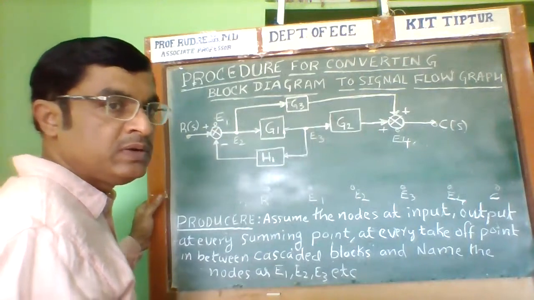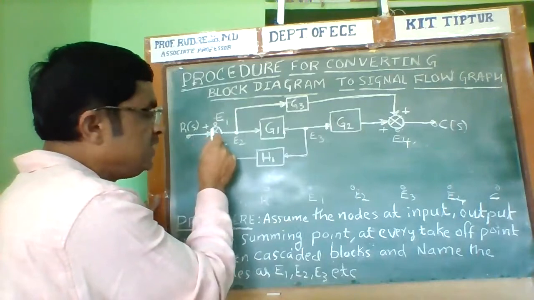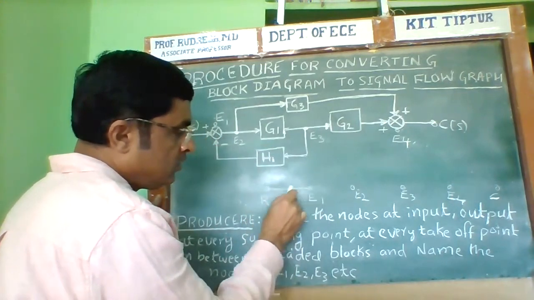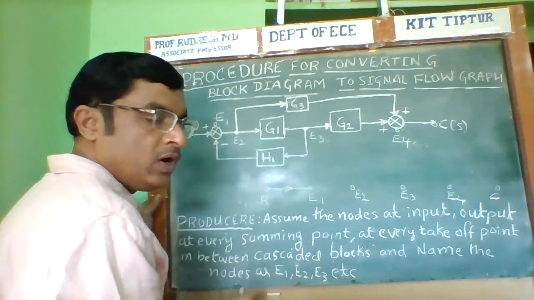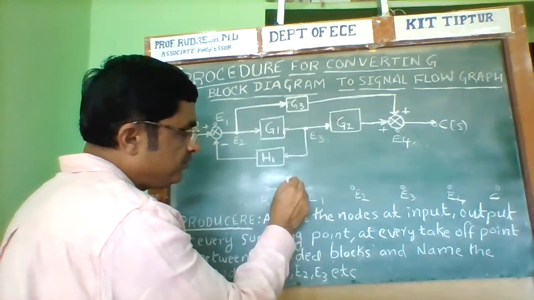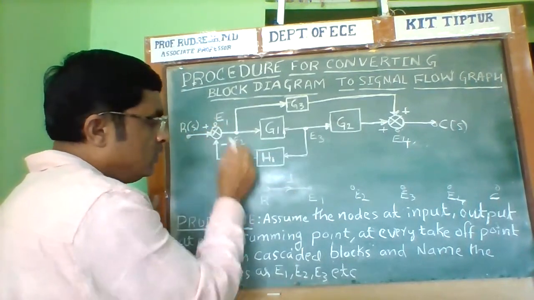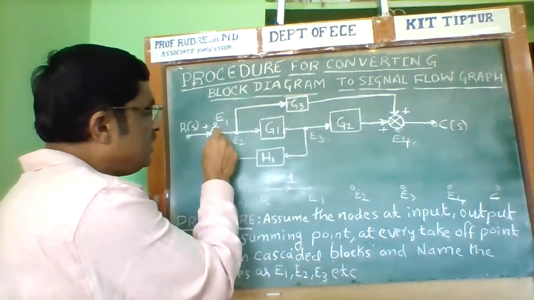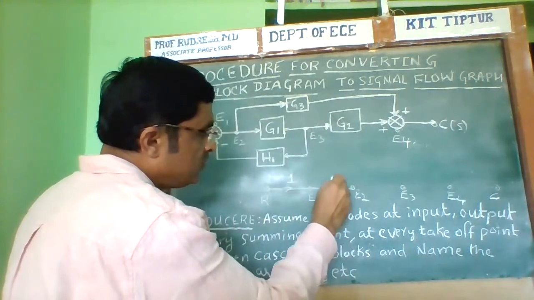From the main forward path, identify the gain between the nodes and join these nodes by branches and mention the gains. The gain between R and E1 is 1. Similarly, the gain between E1 and E2 is also 1.